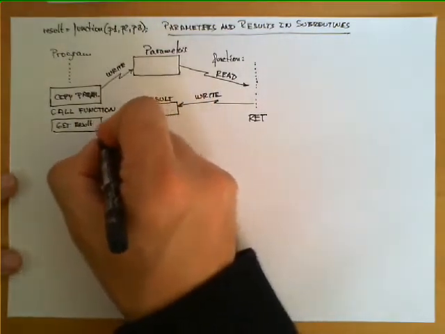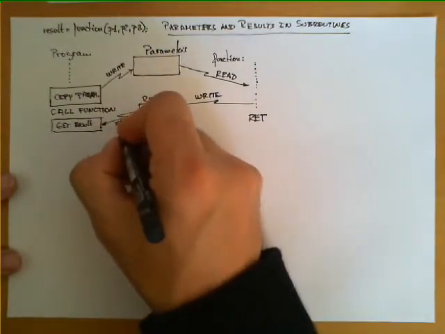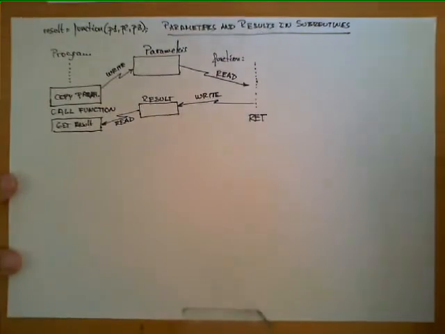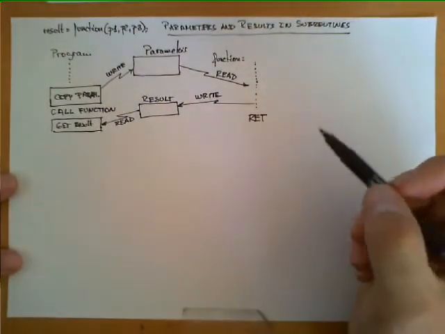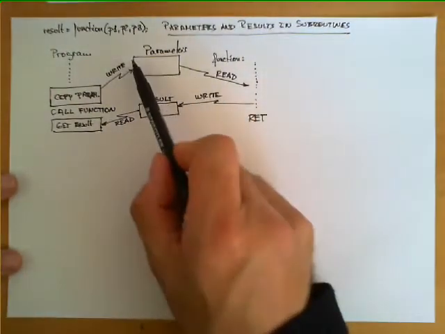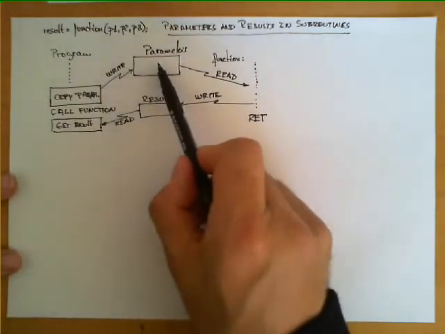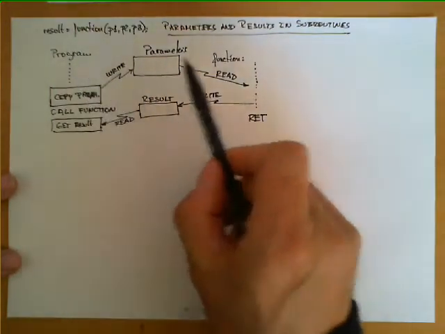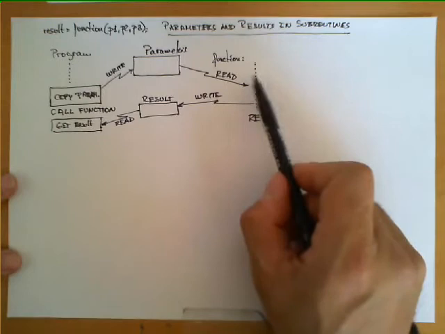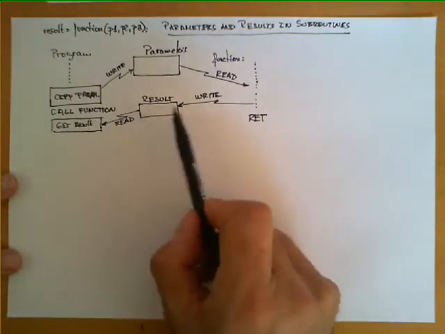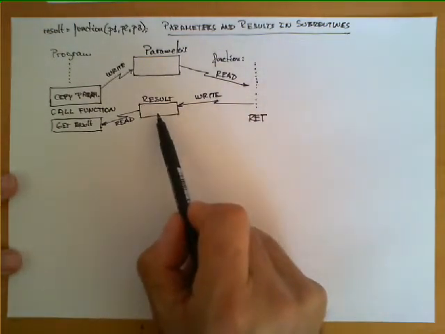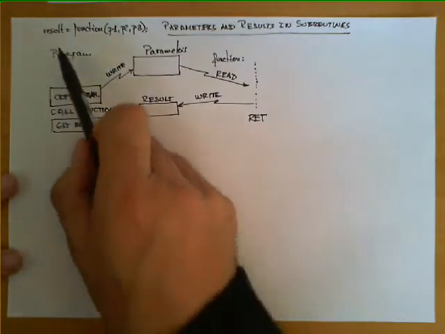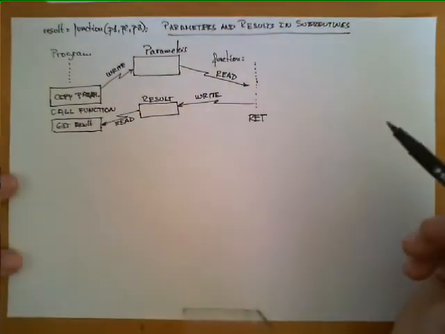And these instructions, of course, will perform a read operation over that area. So this is what we're trying to implement here. A mechanism that allows us to create this area where parameters will be written by the invoking program, read by the invoked subroutine, and another area that is written by the invoked subroutine to deposit the result and read by the invoking program to obtain that result.